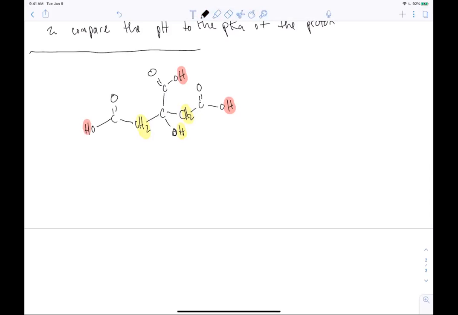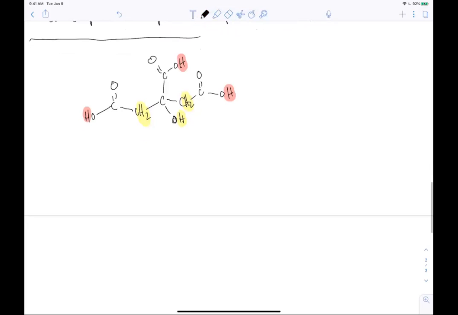So for a polyprotic acid, which is what we're looking at now, you'll have multiple different Kas for each proton that comes off. And so we can write a pKa for each of the protons here.